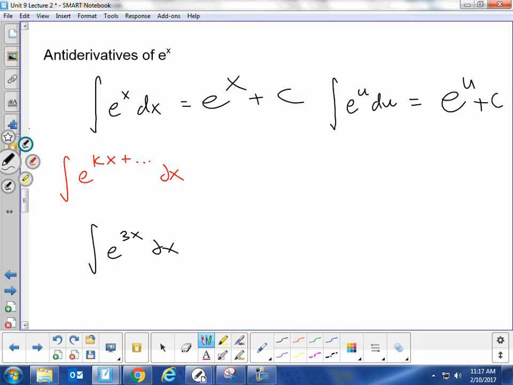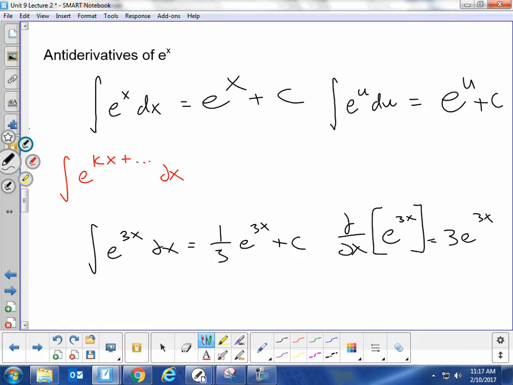I heard both of those answers at the same time. Let's recall the derivative of e to the 3x would be 3e to the 3x. The derivative of e to the 3x would be e to the 3x times 3. So I need the reciprocal of the coefficient of x in front of that e to the 3x.